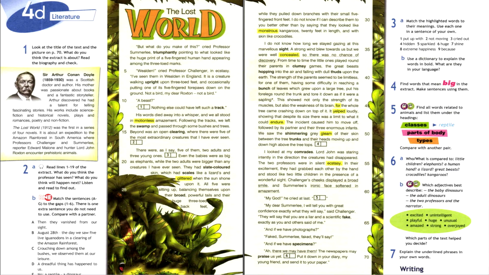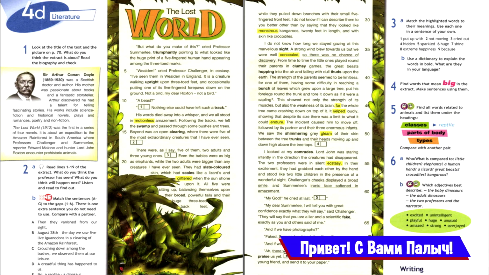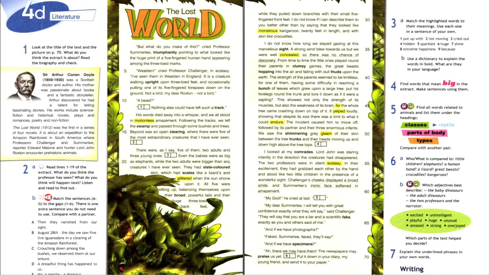I do not know how long we stayed gazing at this marvelous sight. A strong wind blew towards us, but we were well concealed, so there was no chance of discovery. From time to time, the little ones played round their parents in clumsy games, the great beasts hopping into the air and falling with dull thuds upon the earth.